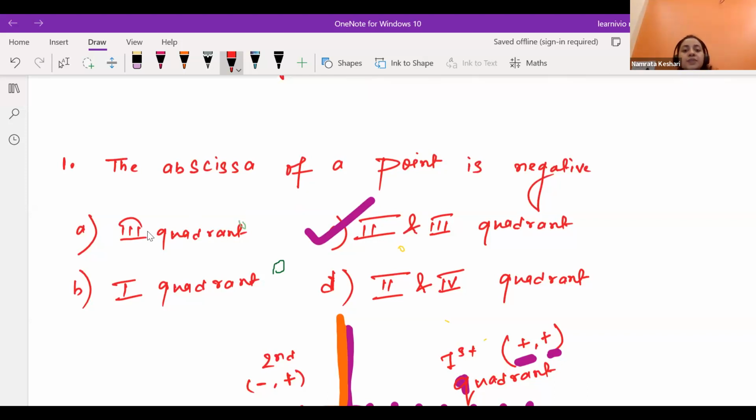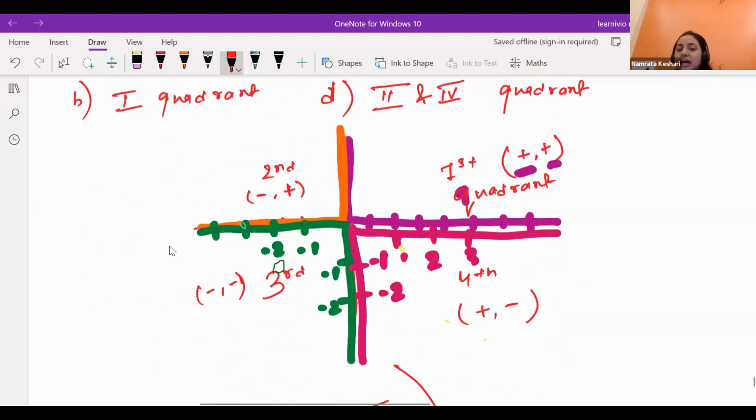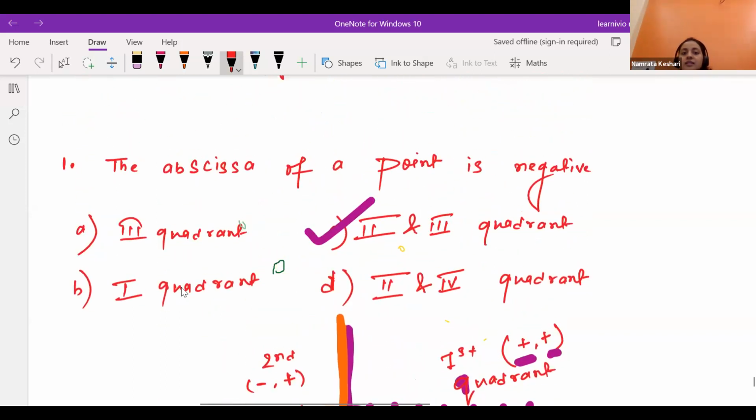And option D, second and fourth. कौन से क्वाड्रेंट में x हमेशा नेगेटिव होता है? तो यहाँ पे तो हमने realize किया कि सेकेंड क्वाड्रेंट में x नेगेटिव होगा हमेशा, एंड थर्ड में भी. So second and third quadrant में x negative होगा, and hence option C is the correct option. Is it clear, Farhan? Yes, ma'am, it's clear for me.